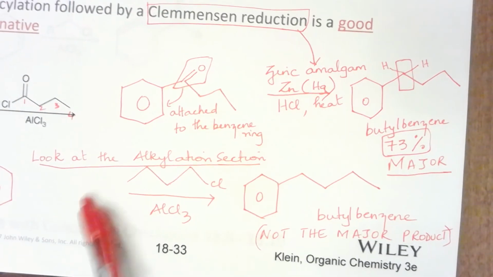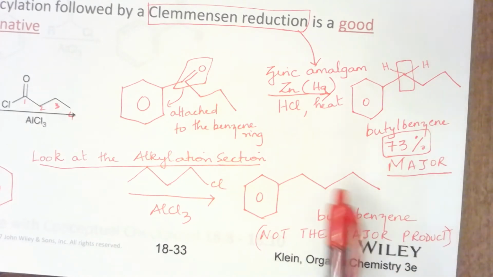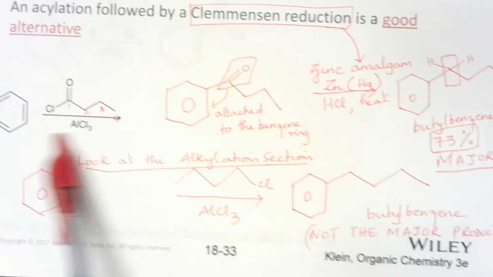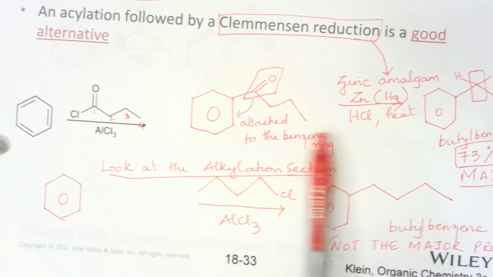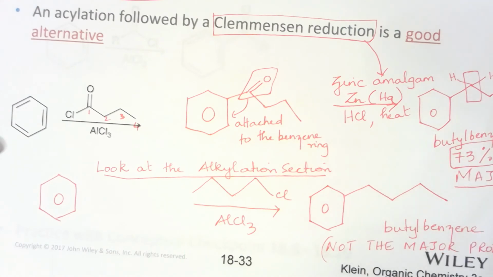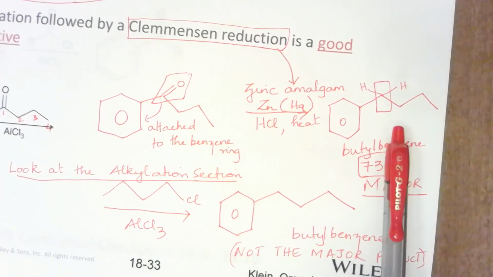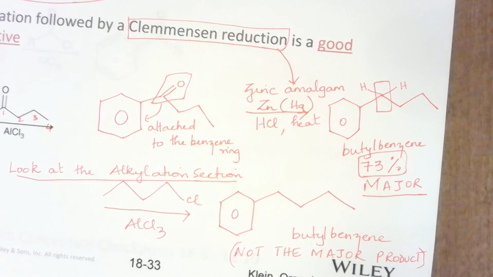So instead of doing it in one step and not getting a large quantity of the butyl benzene, if you did acylation first and then reduced it, then you can get more of the butyl benzene, or more of the non-rearranged product.